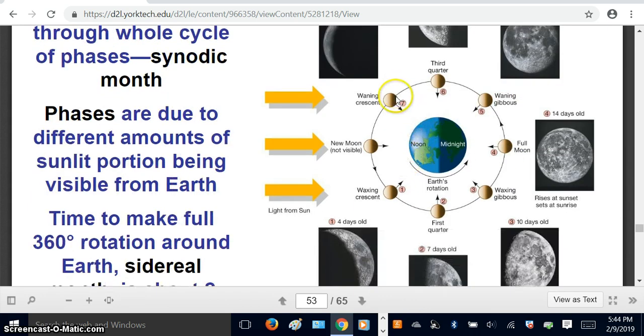All right, and then of course it completes its cycle, and then we start with a new moon again. That is, the moon and the sun are roughly in the same direction in the sky. Now, of course, the shadow of the moon only hits the Earth when, and that's actually called a solar eclipse.